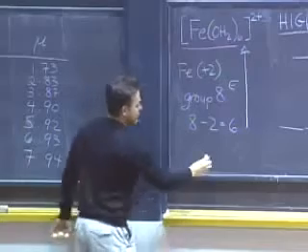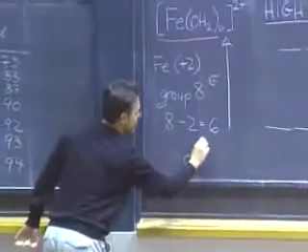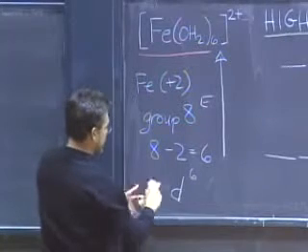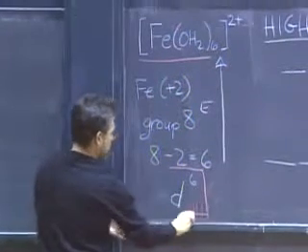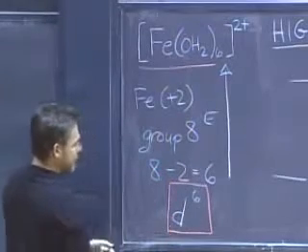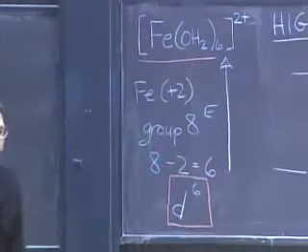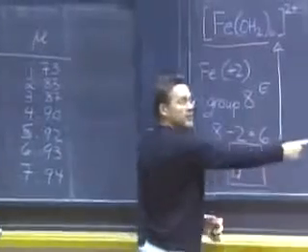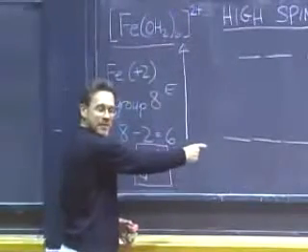And that means this is what we call a D6 system. By convention, we are considering all the valence electrons that remain after the metal has been oxidized to plus 2 as d electrons, meaning they're going to go into our d orbital splitting diagram.